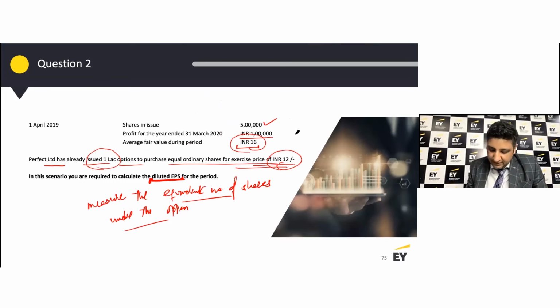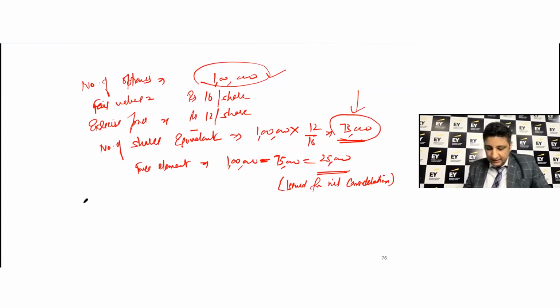So if I say my profit for the year is, let's say, 1 lakh, I should be using not 5 lakh but 5,25,000, right, for the purposes of calculating the diluted EPS.